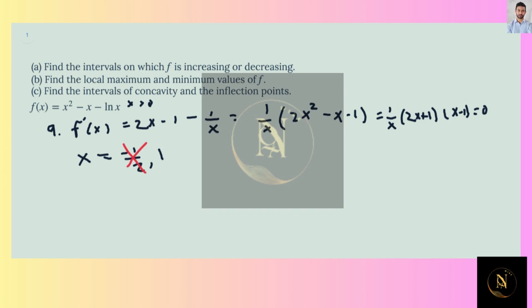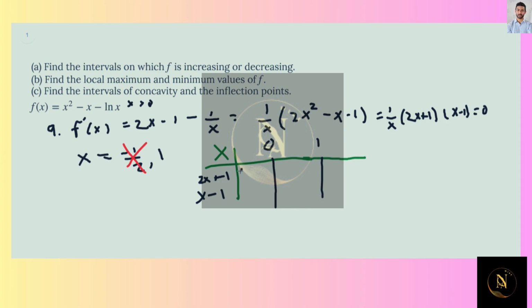So now all we have to do is create a sign chart to see where our function is increasing or decreasing. Since 1 over x is always positive, because we're on the domain of x greater than 0, we can ignore that case. So we'll bring up 2x plus 1 and x minus 1, and we're going to do it from 0 and 1.